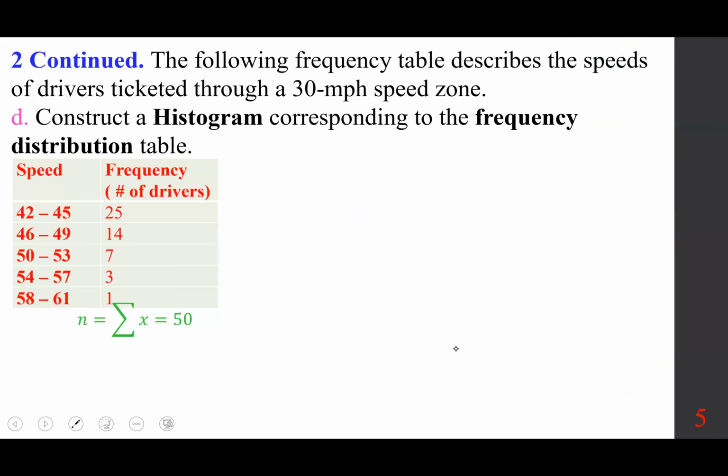We want to continue with the same question, and the next part is asking for us to construct a histogram corresponding to the frequency distribution table. And the way it works, when it comes to histogram, the horizontal axis, you can call it the x-axis, would be the limits, the midpoints, or the boundaries.